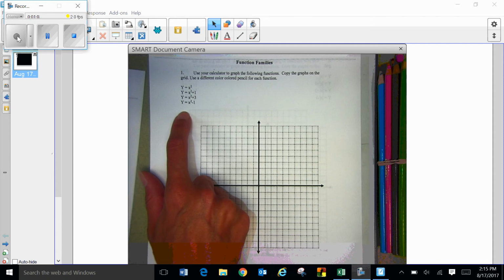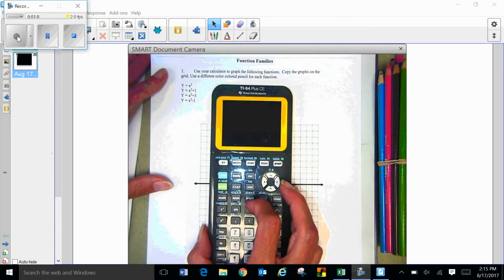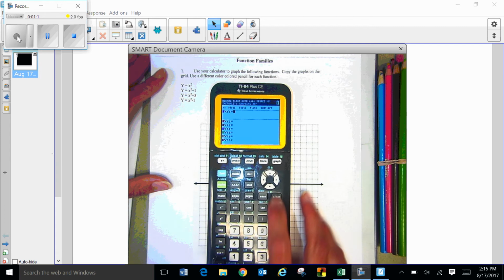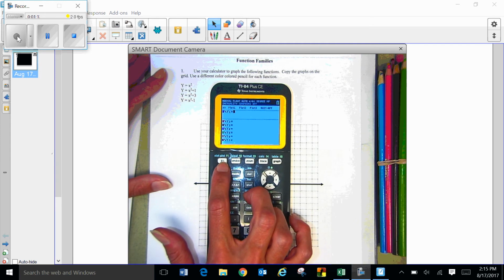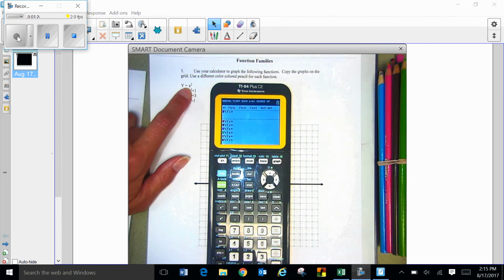So once we turn our calculator on, the y equals button is right here. The very first actual button on the calculator says y equals. That's what you're going to push, and this menu comes up. Then you type your function into the calculator. So if I did y equals x squared, that would be my first function.